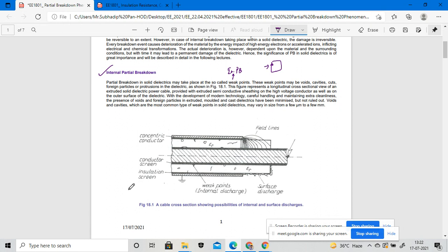Here we are selecting a cable, having three layers.